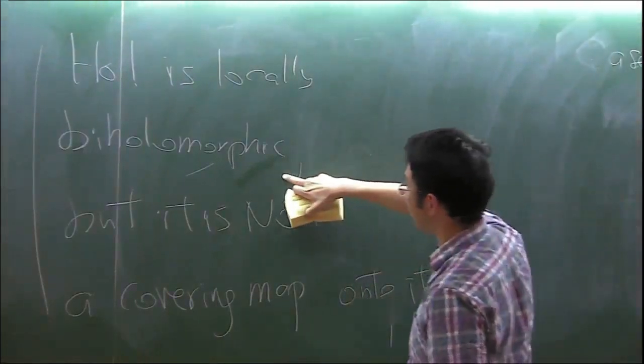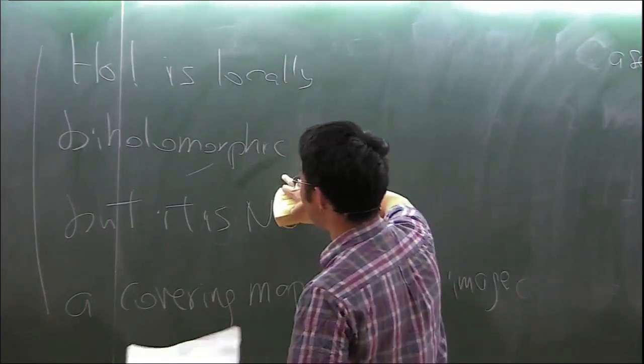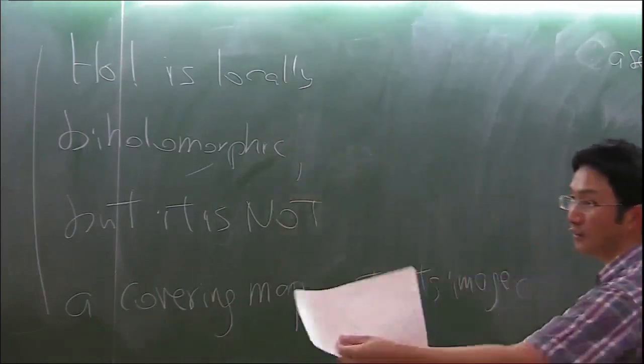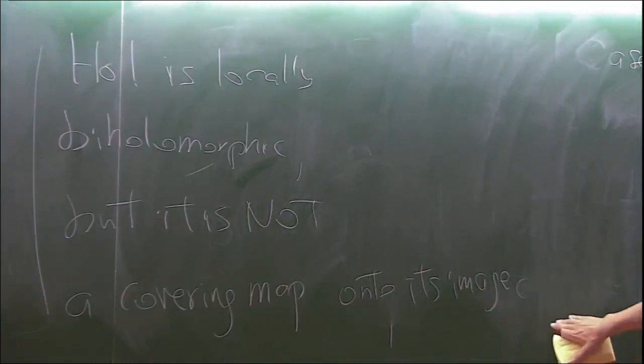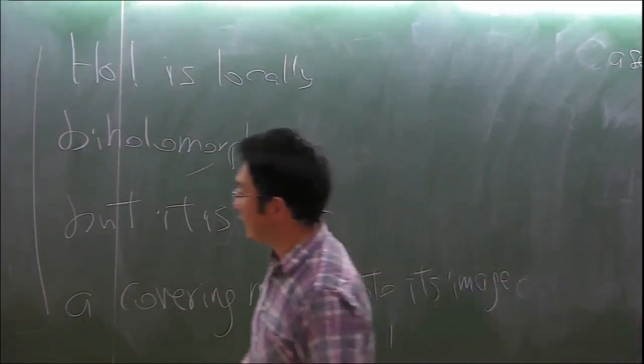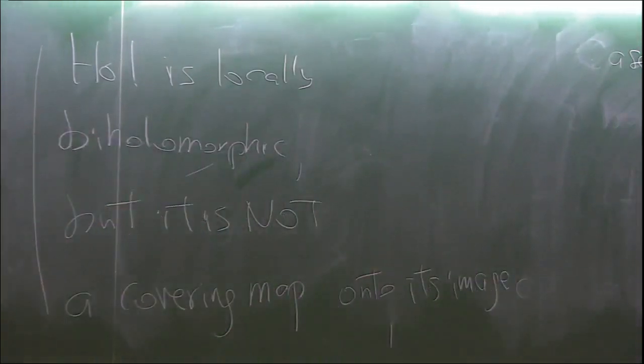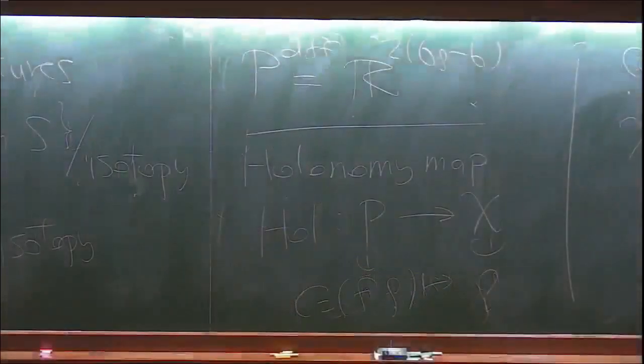Locally biholomorphic means, in particular, it's a local homeomorphism. So somehow the local correspondence by the holonomy map is quite nice. However, it's not a covering map onto its image. So a lot of questions about CP1 structures or more general geometric structures are to understand nice properties of this holonomy map.